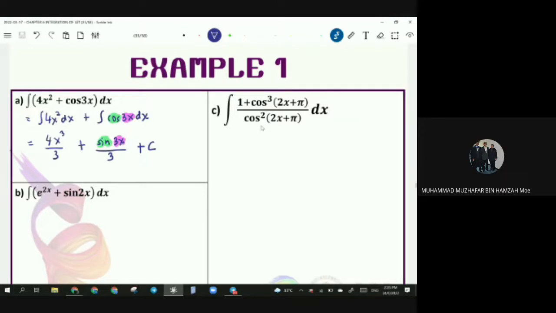Okay, so can I get your response? Setakat ni boleh follow ke integration of Trigo ni? Boleh ke? Boleh respon sikit? Boleh, sir. Boleh, sir.